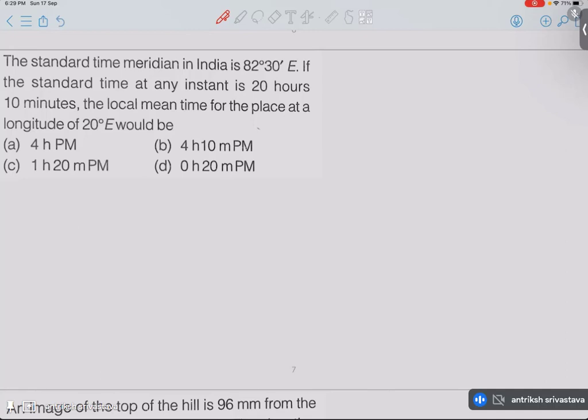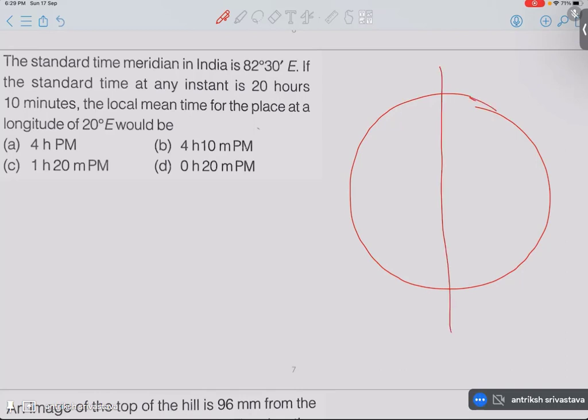So do you guys know? I think you will be knowing, I am just asking for my clarity, that the time in India now is different than the time in some other place, like let's say America. That is because of the Earth's rotation.